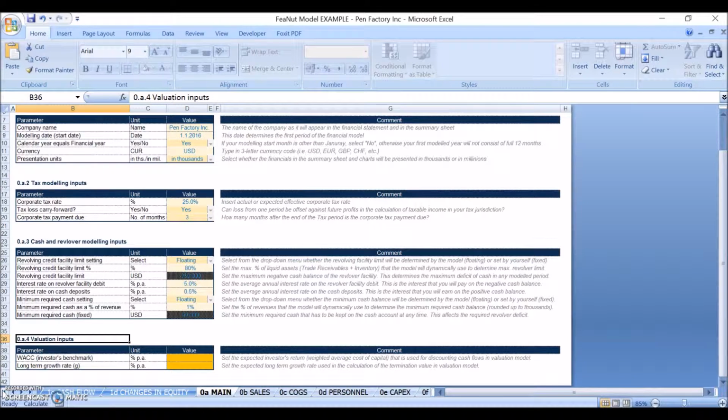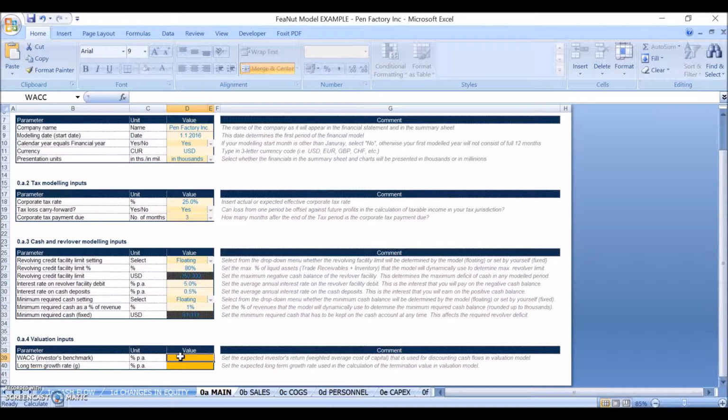All you have to populate in here is the weighted average cost of capital, or your benchmark for required return on investment, and this will be used in the valuation model to discount the free cash flows.